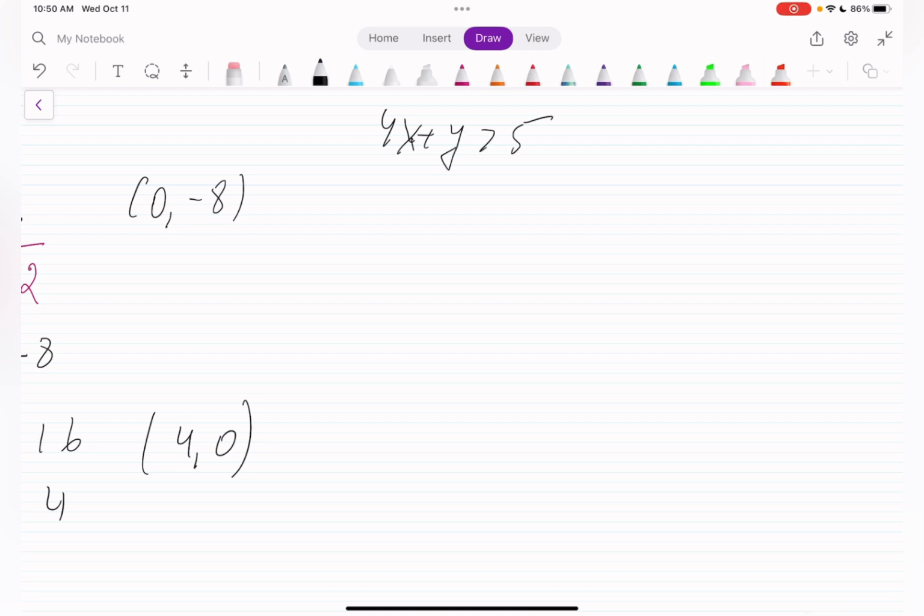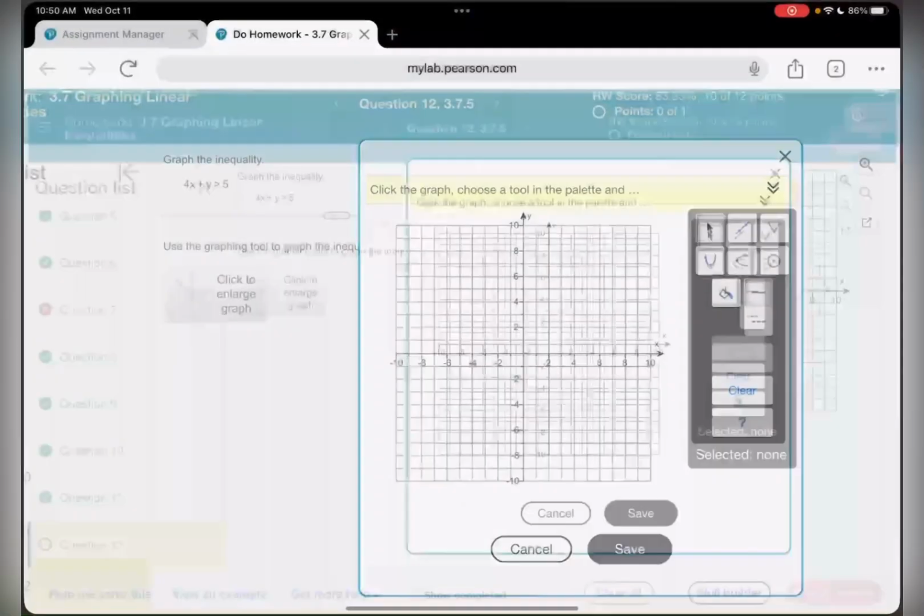Okay, I'm going to go through slope and intercept, because 5 I can't divide by 4 and I don't want to deal with fractions. So y is greater than negative 4x plus 5, which means I start from 5 and then go down by 4 and then to the right by 1, because negative 4 represents negative 4 over 1.